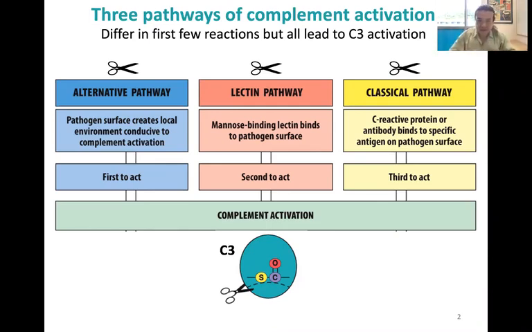So recall that we said that there are three main pathways for activating complement proteins. The one that we have been looking at so far is the alternative pathway. It's the first one to react, so it involves complement proteins that are floating around in our blood and our tissue. And remember, it has to do with the way that the complement protein is activated, cleaved, so that it's able to form very strong covalent bonds to other target molecules, for example, on the surface of a bacteria.